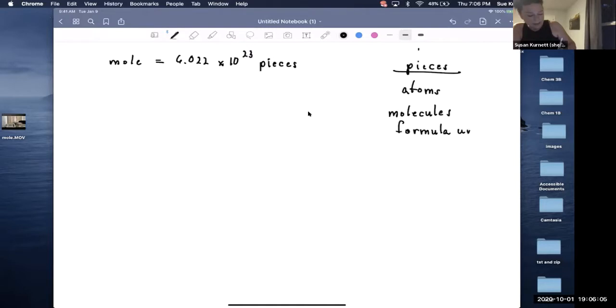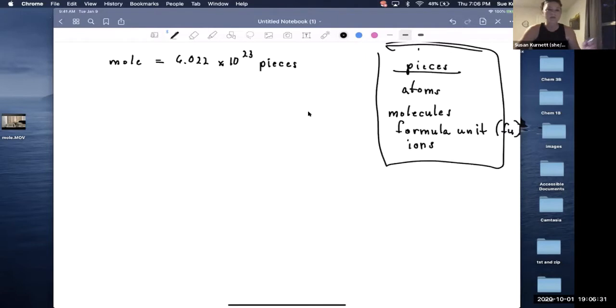I wish there was an abbreviation for molecules, and there isn't. But for formula units, I say FU, which gets a chuckle, or maybe, I don't mean it rudely, but it sticks. And then the formula unit is the unit of an ionic compound that is made of ions. And so ions are other pieces. These are the pieces we typically talk about.